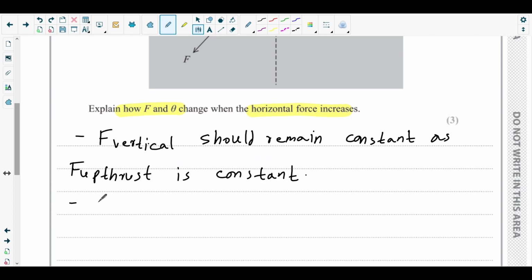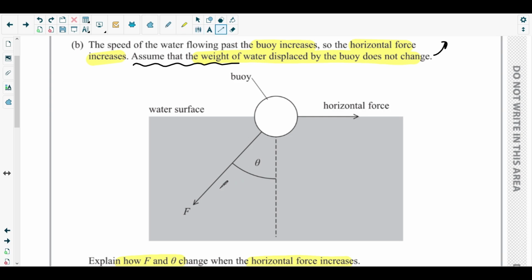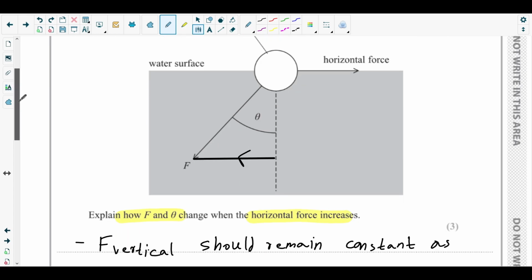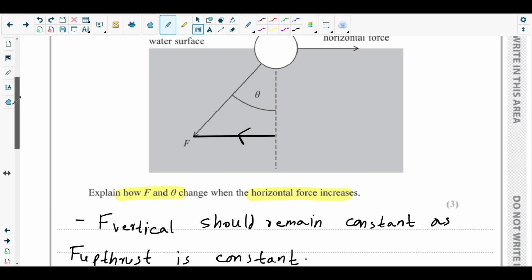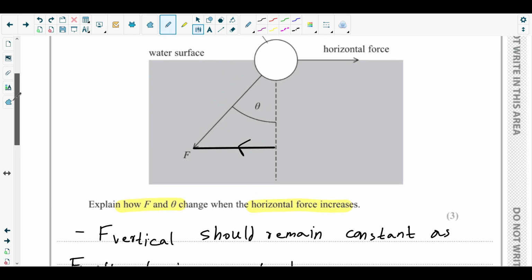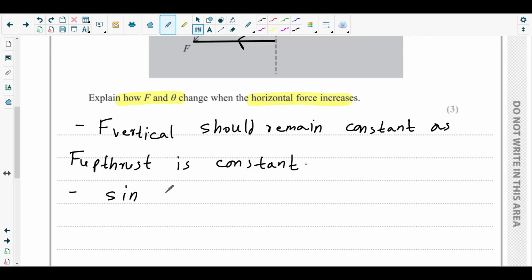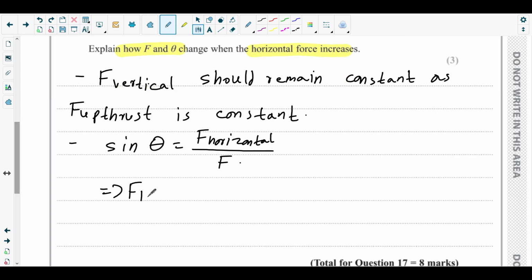Horizontally, let's consider the horizontal component of force F. This can be related by sine theta. Sine theta equals the horizontal component of force F over the resultant F. So the horizontal component of force F is F sine theta.